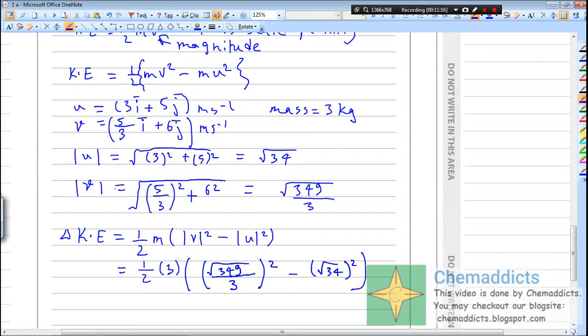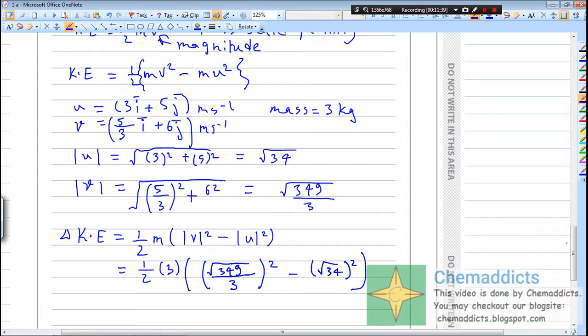We have basically substituted the values: here the magnitude of final velocity, here the magnitude of initial velocity.